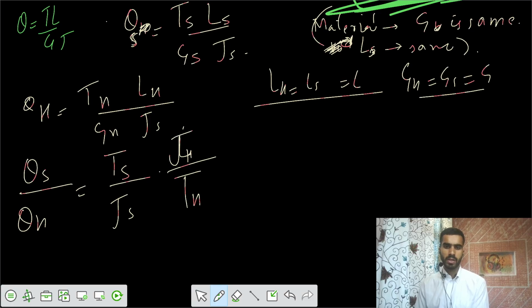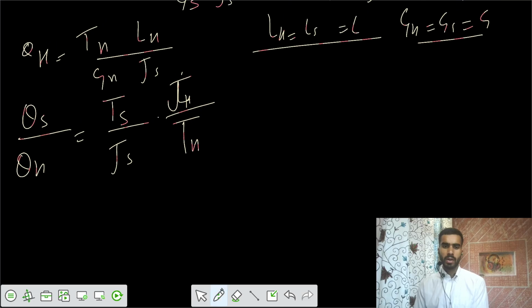I know the relation between T solid and T hollow: T solid by T hollow equals 1 by 1.7.